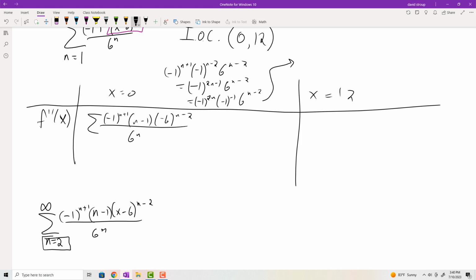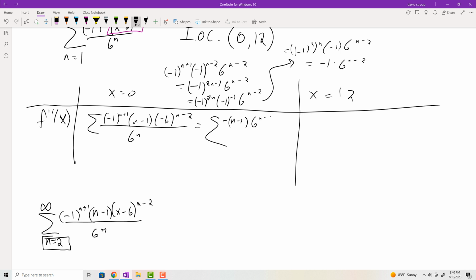(-1)^(2n), of course, is ((-1) squared)^n. (-1) squared is +1. So you have 1^n, which is just 1. And then (-1)^(-1) is 1 over -1, which is -1. And then you have the 6^(n minus 2). Okay, great. So I have the sum of (n minus 1) times, there's a negative floating about here, so let's put that in front.